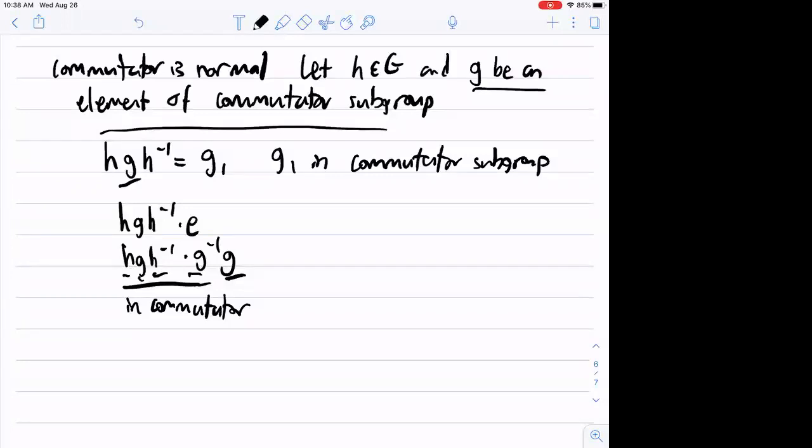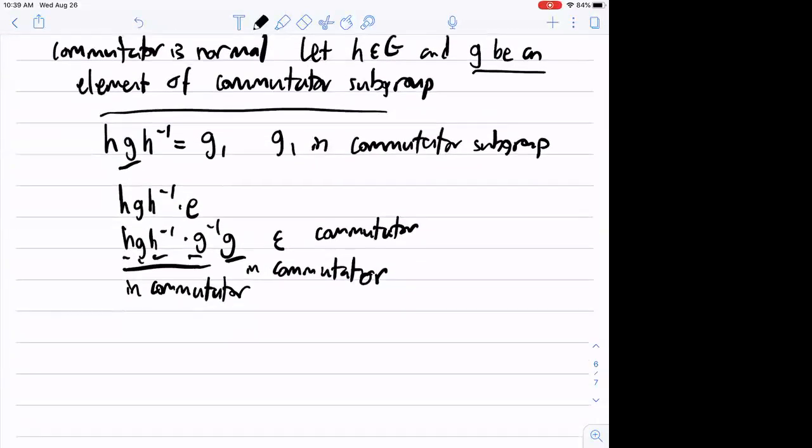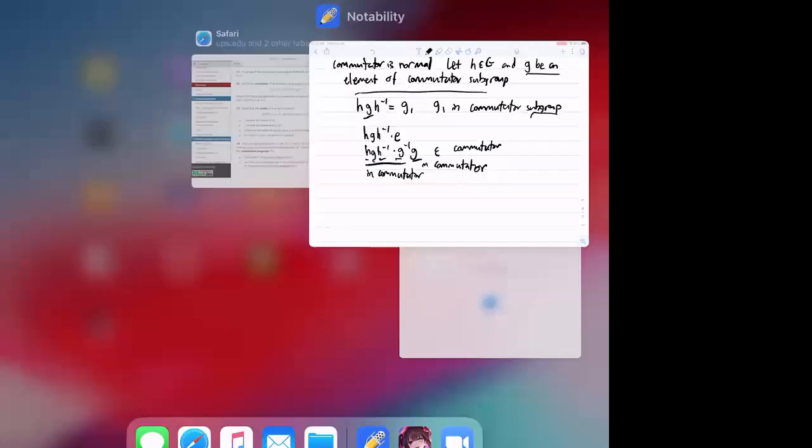If you proved it's a subgroup, it's closed under the group operation, so this is in the commutator. Everyone clear? That part is easy once you prove it's a subgroup, so I'll leave that to you.